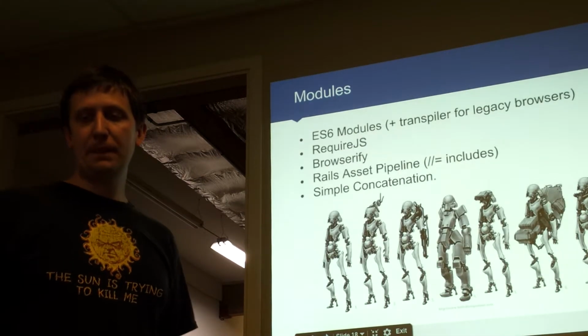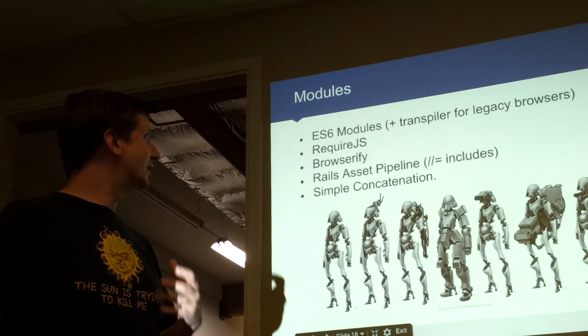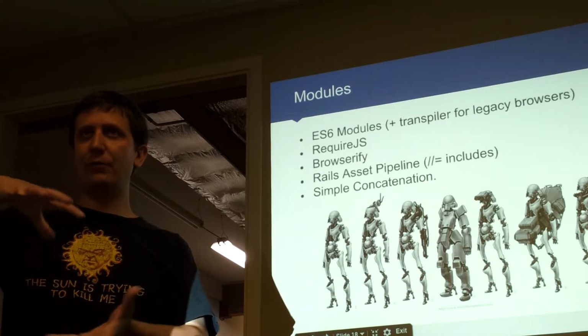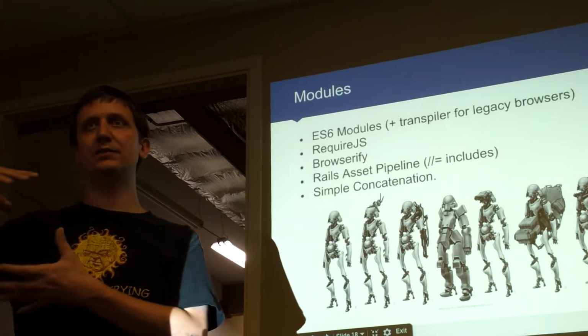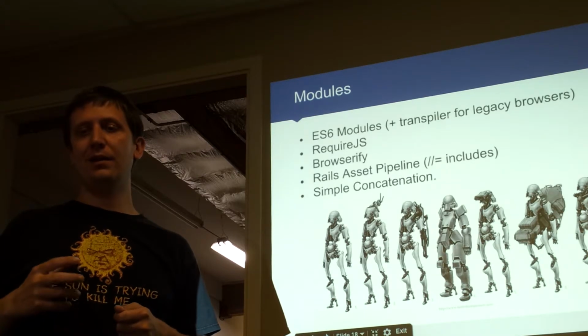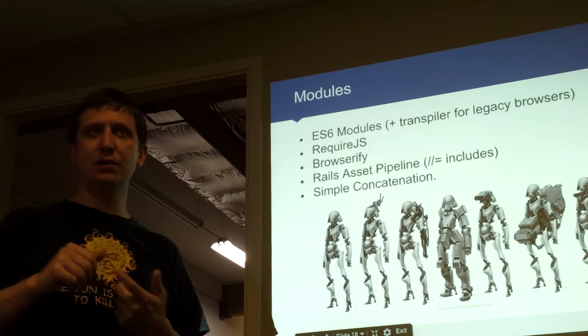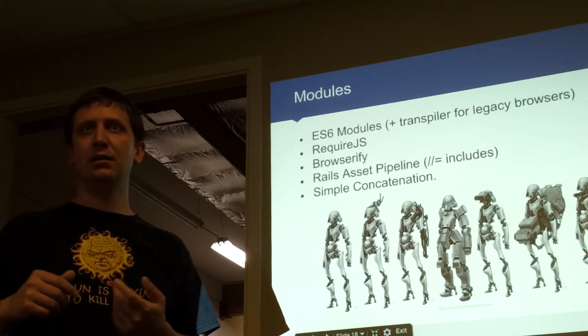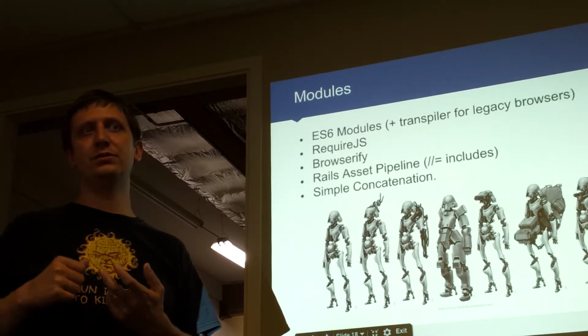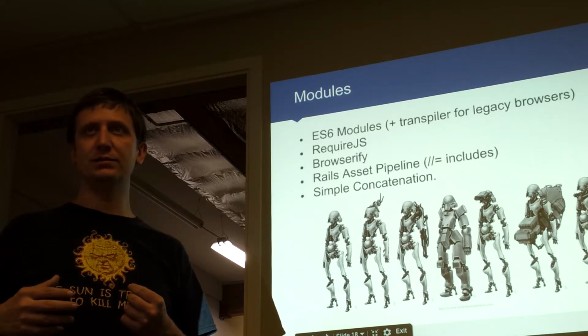One of the things, like I said, that I wanted to do was extract this method out by using modules. We're using require.js, but you can use ES6, you can use Browserify, there's a lot of different things that you can use.